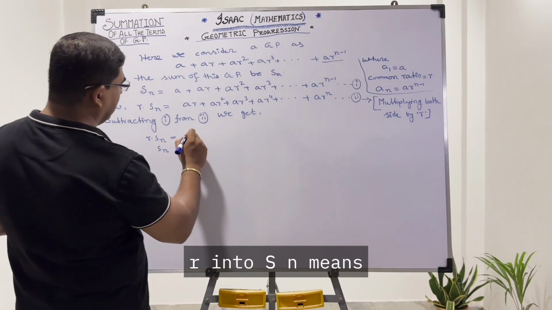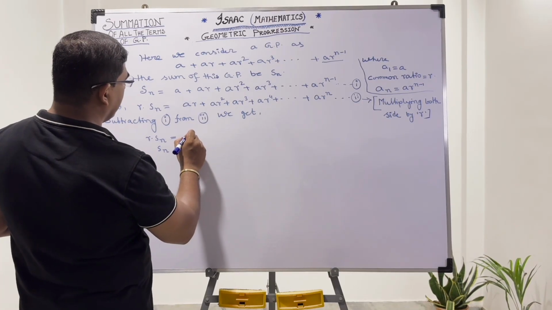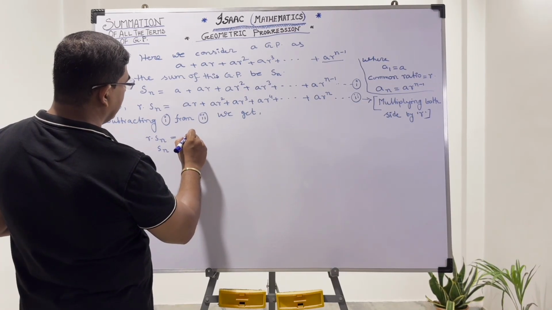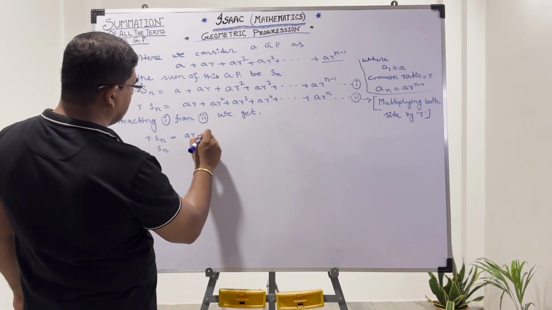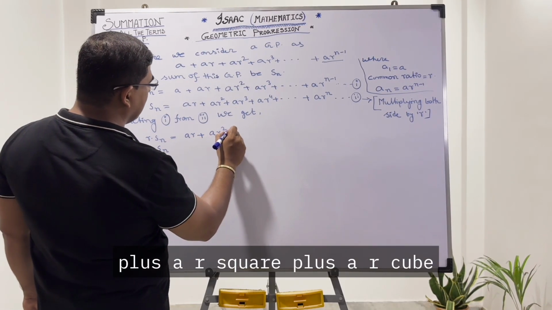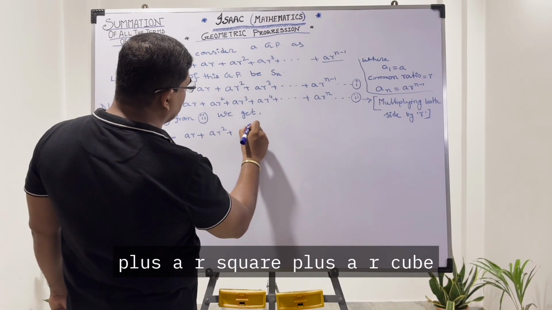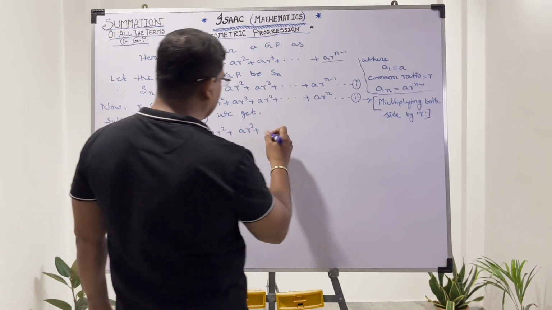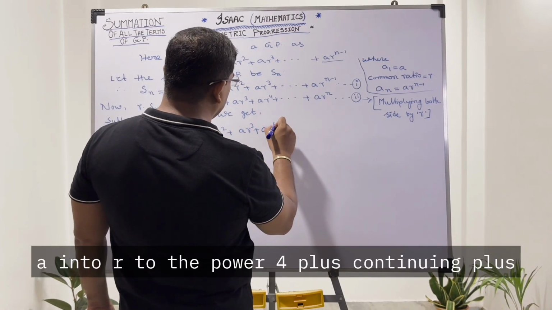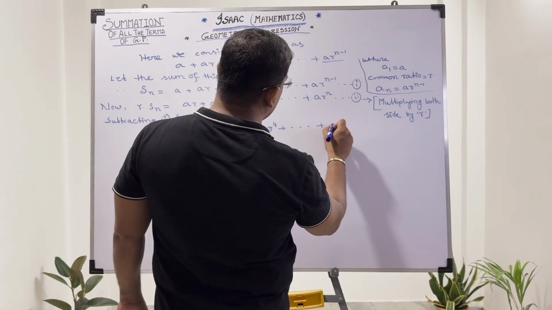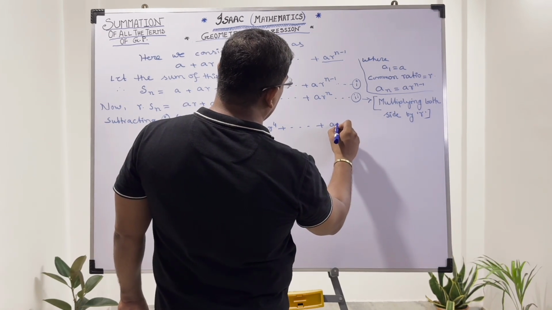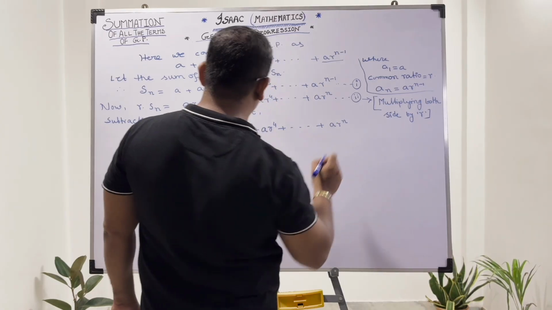R into Sn means AR plus AR square plus AR cube plus A into R to the power 4 plus continuing plus A into R to the power n.